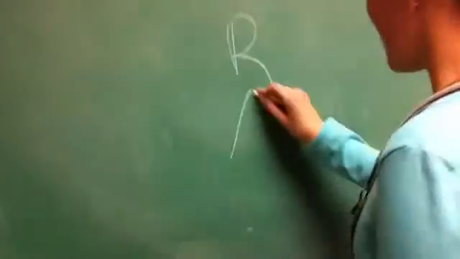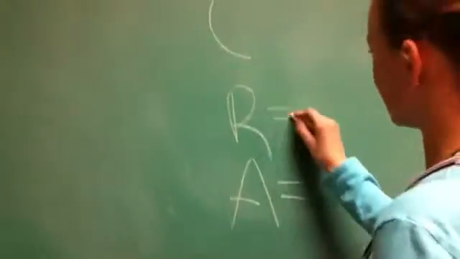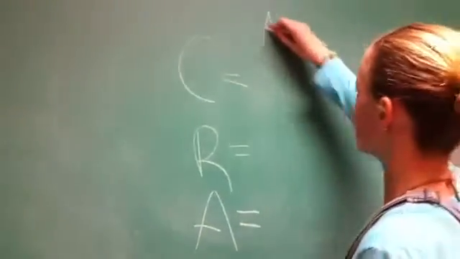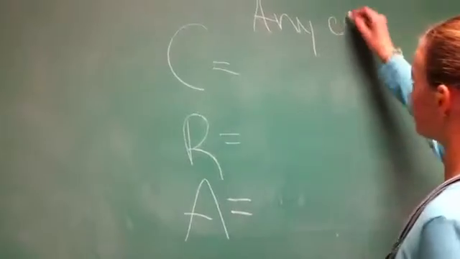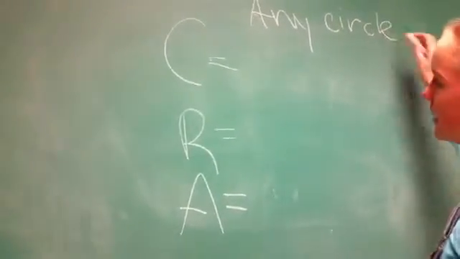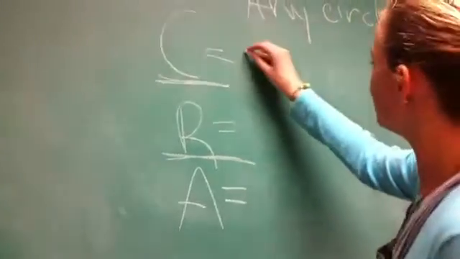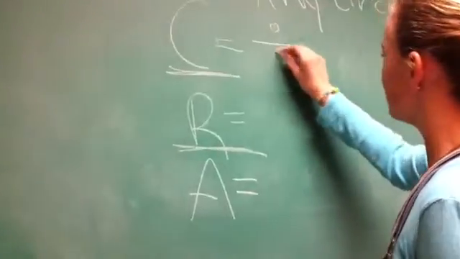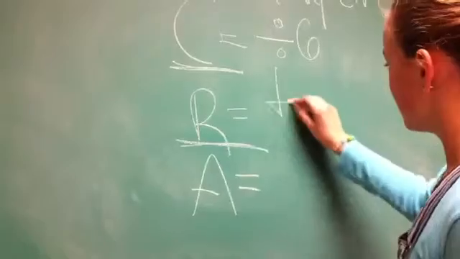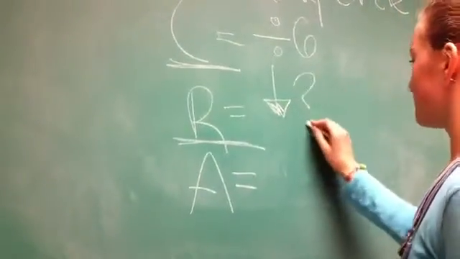The relationship between the circumference, the radius, and the area of any circle is that you need the circumference to find the radius. What you would do is take the circumference and divide it by 6, and that would give you the radius, whatever your radius may be.